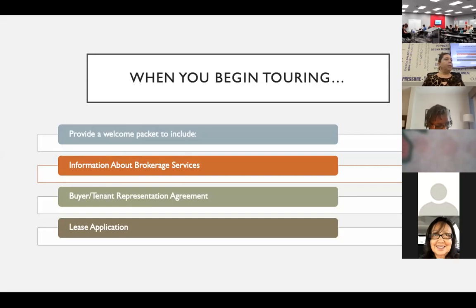When we go through a lease application, one of the helpful tips you want to make note of is at the very top of a lease application, there's an address that goes in there, and I suggest leaving that blank. When you meet your folks and give them the lease application, make a bunch of copies. This way, they only have to fill out the application one time. It's a lengthy document.